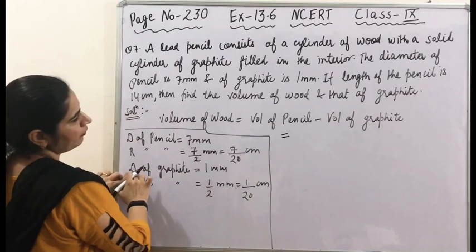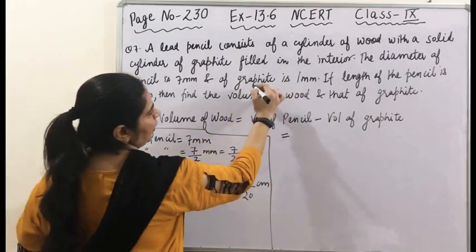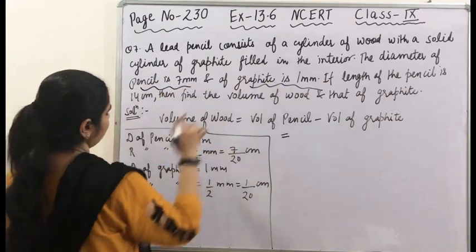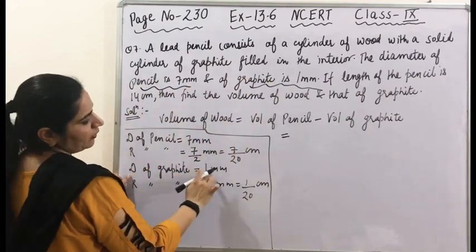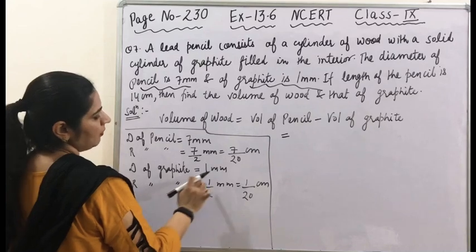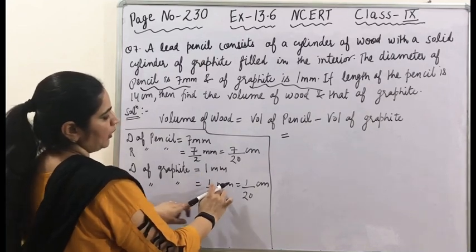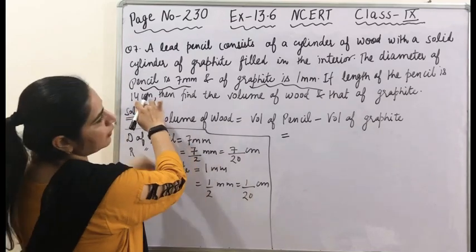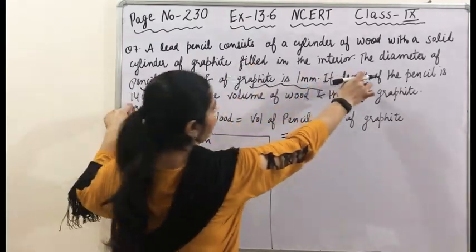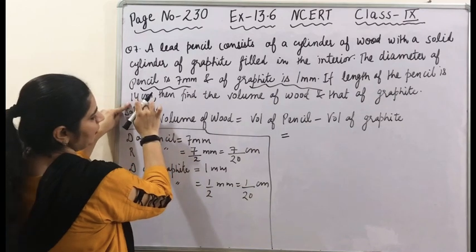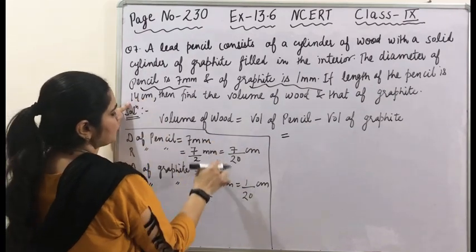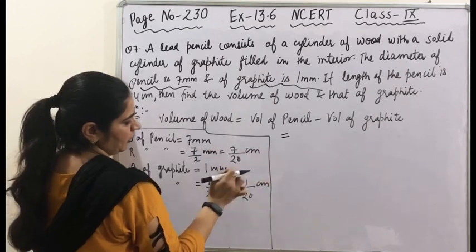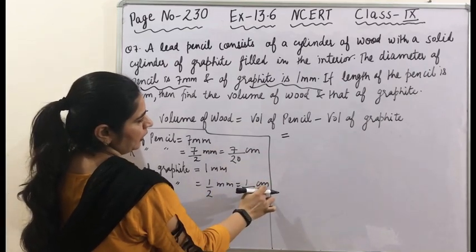The diameter of graphite is also given as 1 mm, so the radius will be 1 by 2 mm. Again we do the conversion into centimeters, because the length, meaning the height, is given in centimeters. So these two we have taken in centimeters: 7 by 20 and 1 by 20 centimeter.